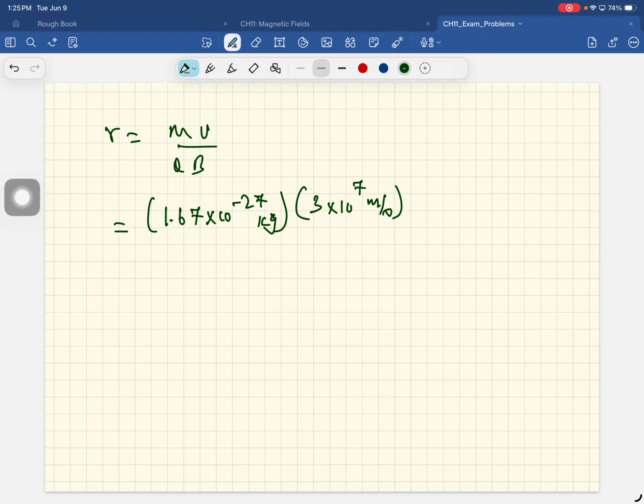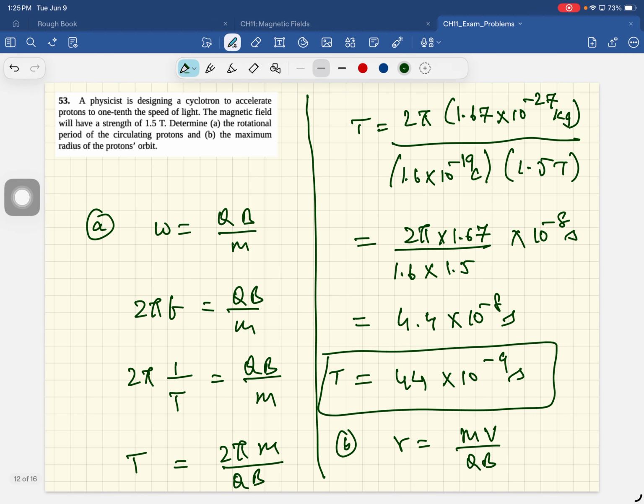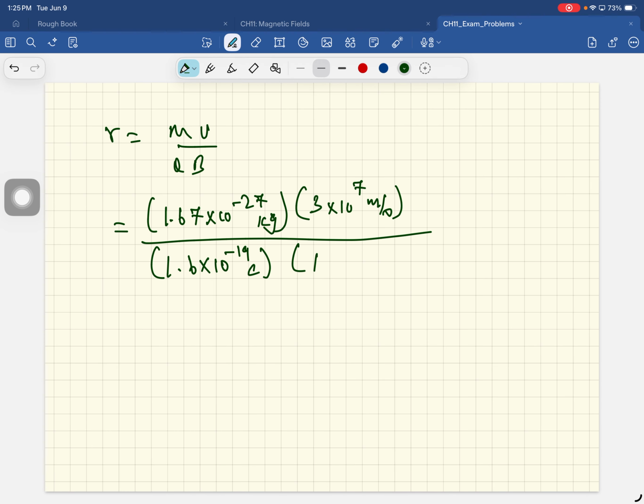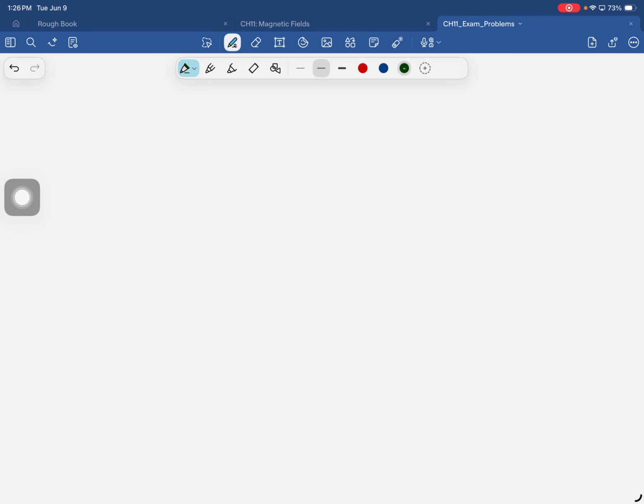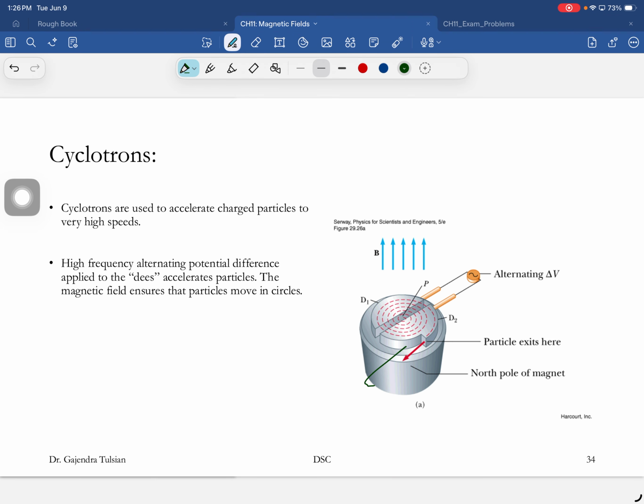The radius of the path is mass times velocity divided by QB. And the mass of oxygen 16 is given. We know the velocity. They've gone through the velocity selector and we've selected this velocity.